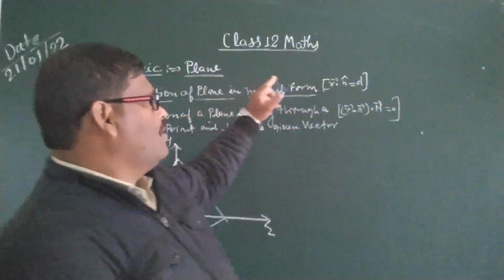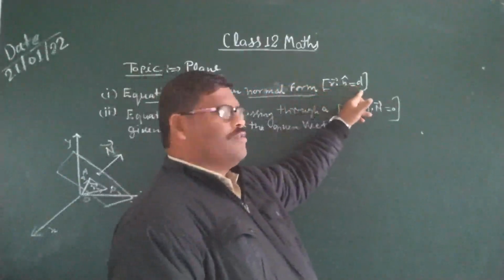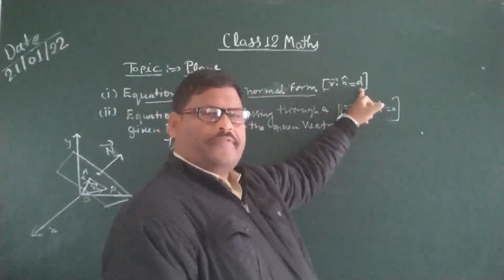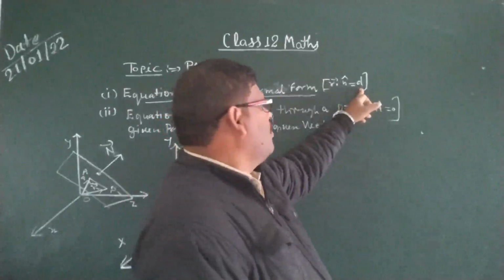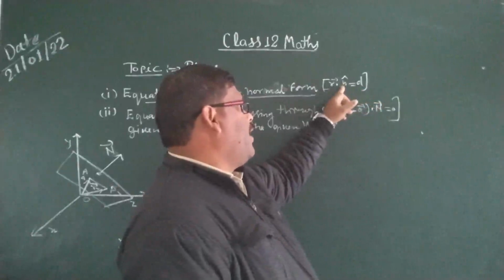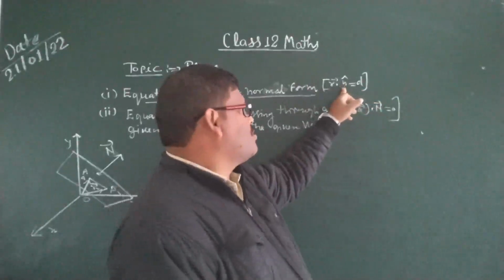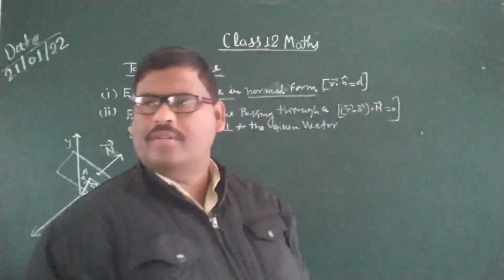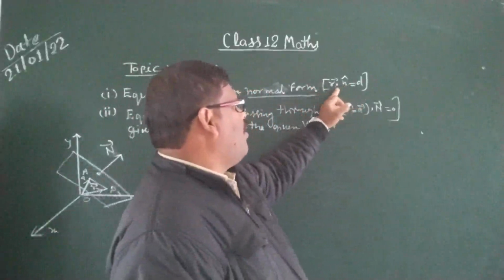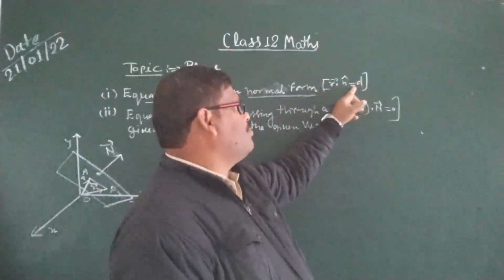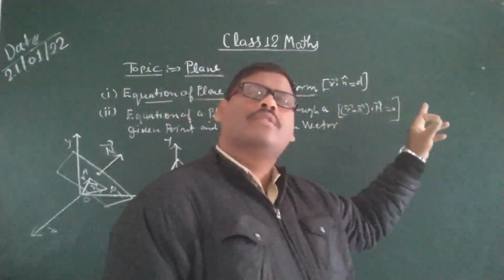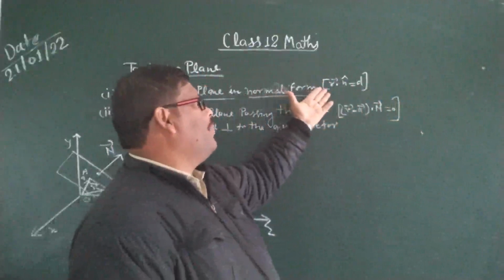That is r dot n cap is equal to d, where d means the perpendicular distance of the plane to the origin, and n cap, that is the unit vector corresponding to the direction of the perpendicular length of the plane to the origin, and vector r is a variable vector.